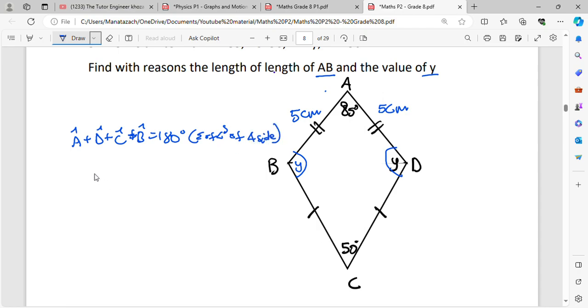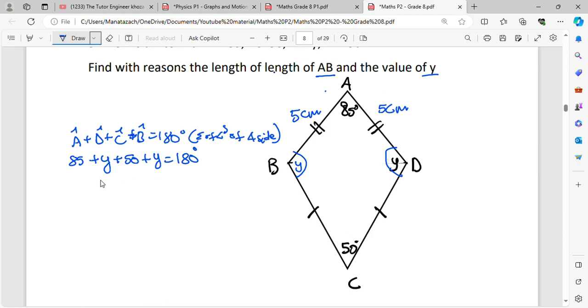And then angle A is 85 and angle D is Y, angle C is 50, angle B is also Y, it's equal to 180.